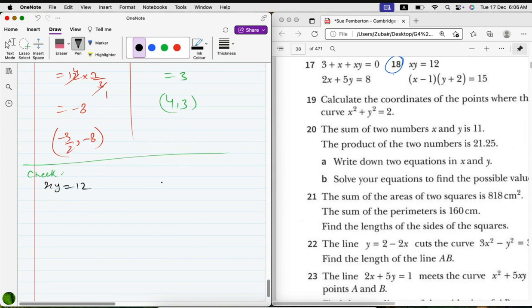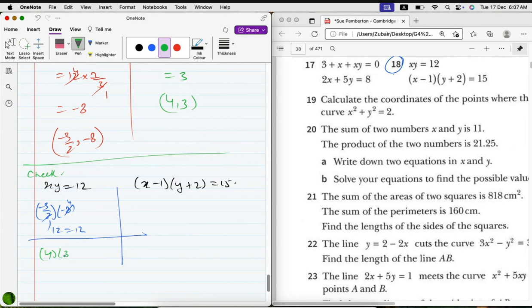xy is equal to 12 and x minus 1, y plus 2 is equal to 15. Minus 3 by 2 into minus 8. 2 1 times 2, 2 4 times, 4 3 times is positive 12 equals positive 12. And trying with 4 3, x 4 y 3, 12 equals 12, both justified.